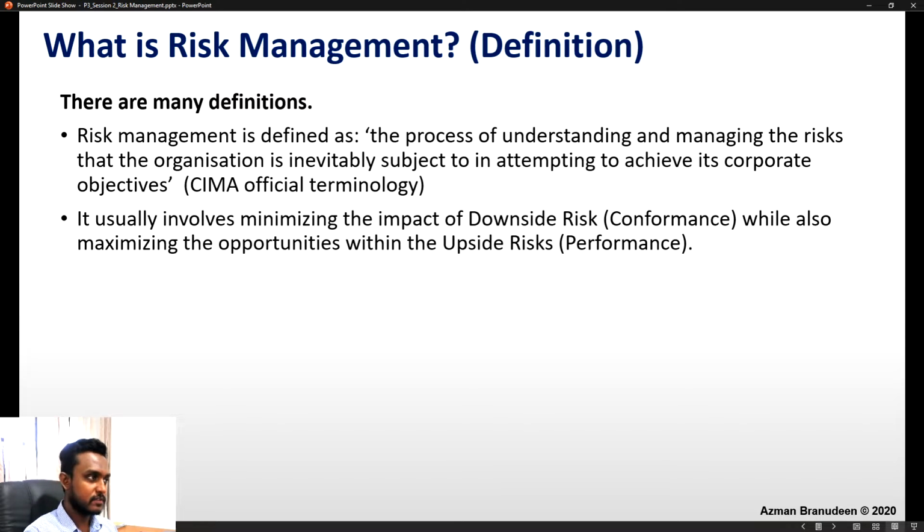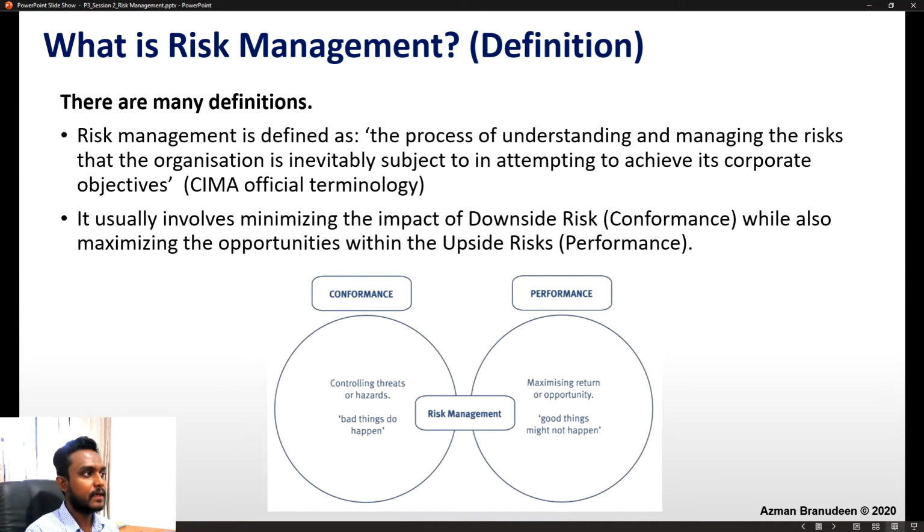It usually involves minimizing the impact of downside risk by conforming, while also maximizing the opportunities within the upside risk by performing. So technically, risk management is all about hitting the right balance, because in conformance you're trying to control the threats or hazards, because you understand that bad things do happen.